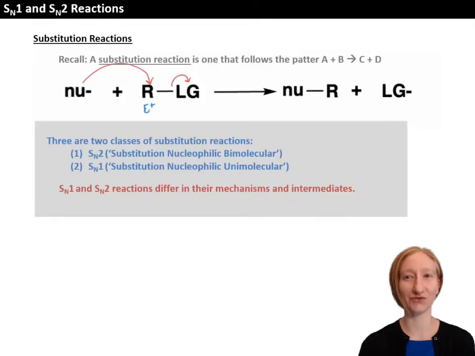In an SN2 reaction, a substitution bimolecular, the two steps happen at the same time. In an SN1 reaction, a substitution unimolecular, the leaving group leaves first, and then in a second step, the nucleophile attacks the resulting carbocation. We'll look at both of these reactions in more detail now, starting with the SN2 reaction.